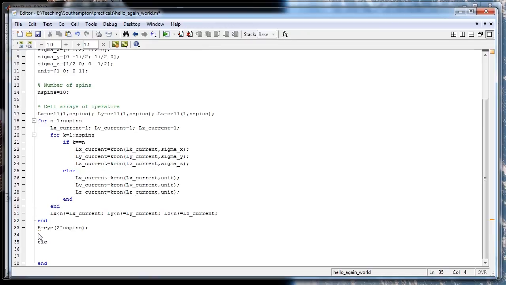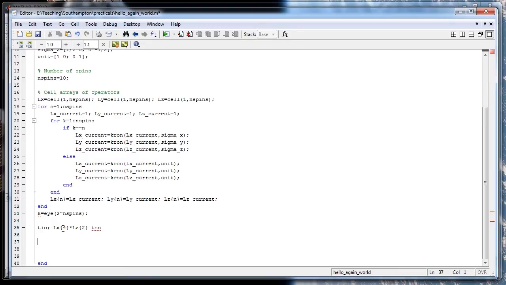Tick, and let's say Lx 4 times Lz 2, tock, and then we will multiply their sparse representations. So I will first convert them into sparse notation and then tick-tock some multiplication.